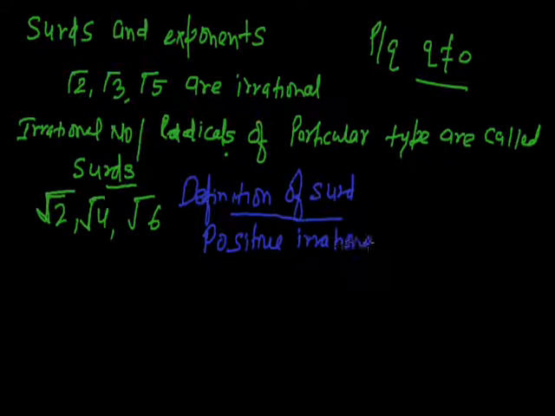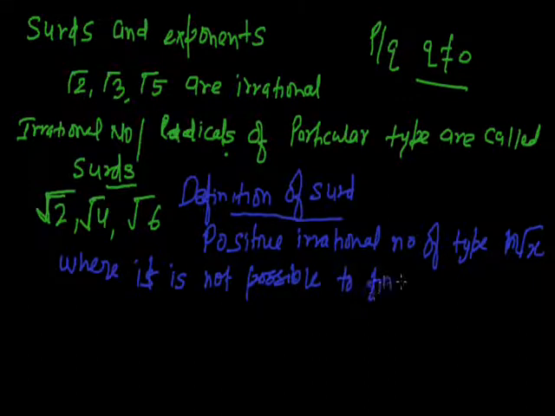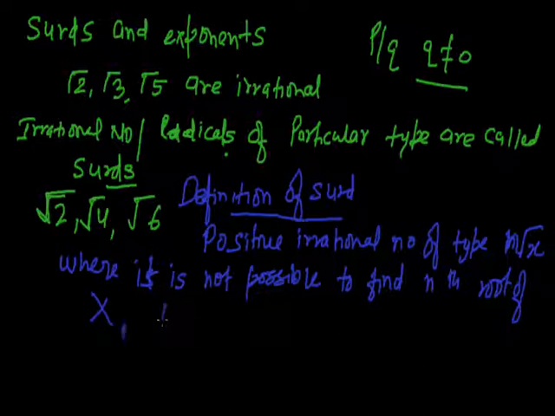irrational number of type n under root x, where it is not possible to find out the nth root of x. Now this is very important, and here x is always a rational number.